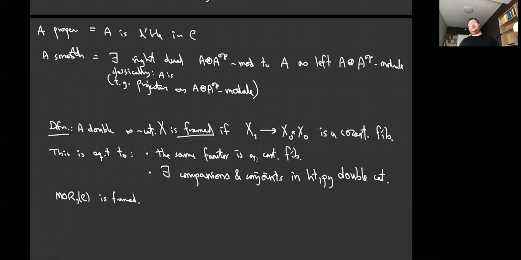But I mean, it defines. Isn't that just saying that they should be closed under composition, which they are because it's a Cartesian fibration? Oh, so you can. Okay, I see.